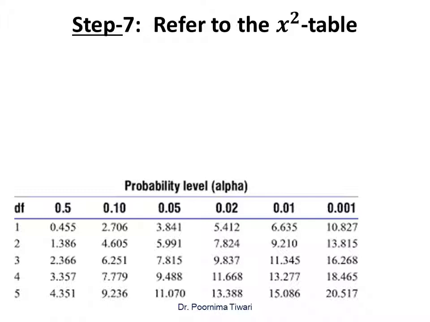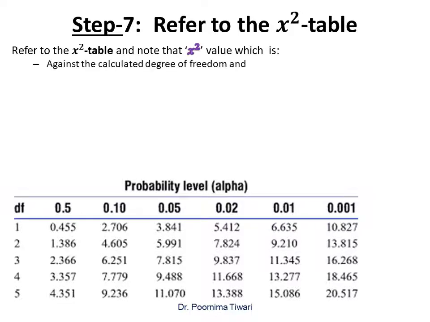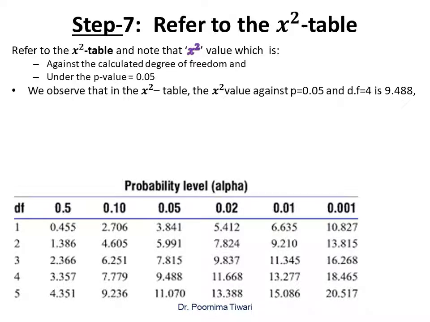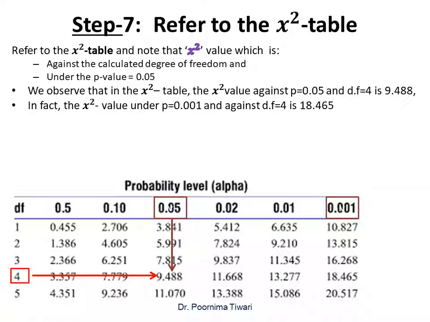Finally, we refer to the chi-square table, under the p-value of 0.05 and against the calculated degree of freedom. Here we see that the value against degree of freedom 4 and under p-value of 0.05 is 9.488. Our chi-square value is 24.66, which is higher.